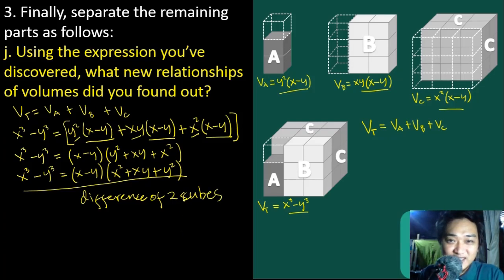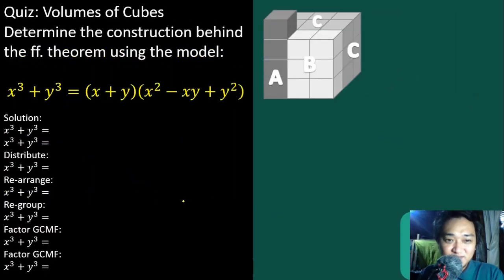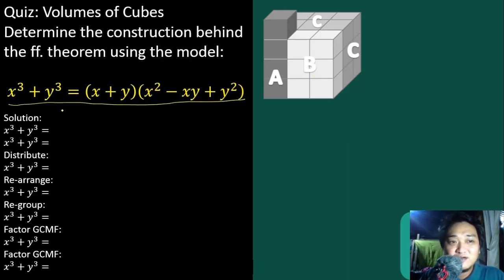For the next exercise that I'm going to give you, this will be your home quiz. This time, kayo naman ang gagawa. Using this model here on the right side of your screen, you're going to solve for the volume of this solid plus, kanina kasi minus, no?